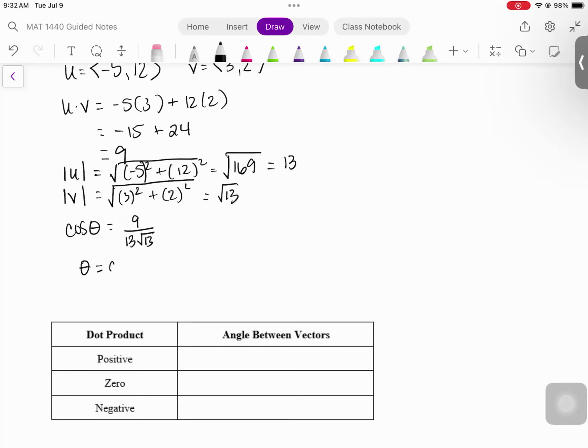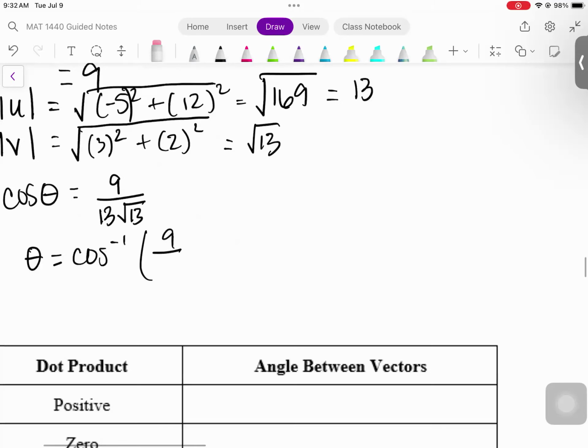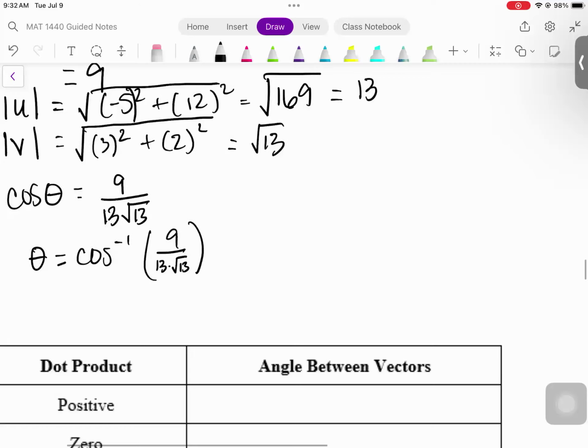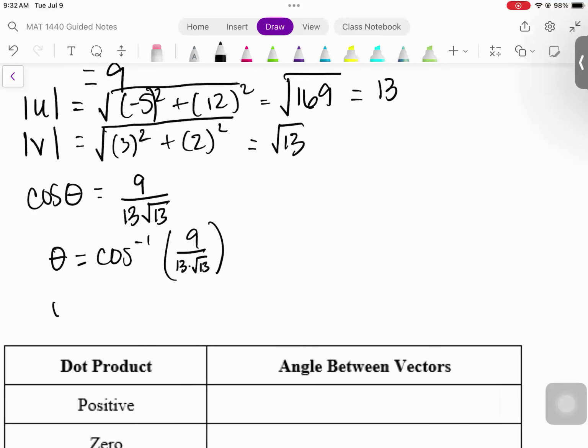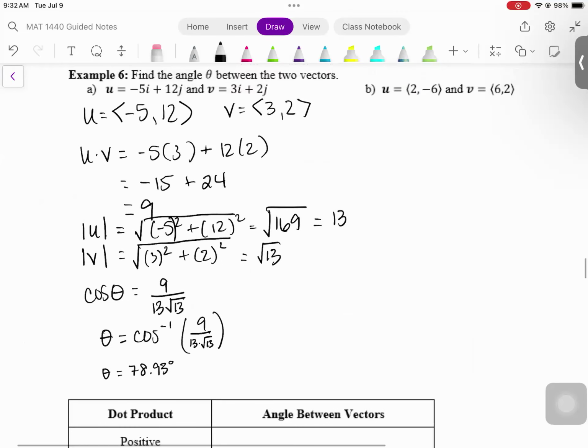Theta is equal to inverse cosine of 9 over 13 times the square root of 13. And evaluating this, we get theta is equal to 78.93 degrees. And again, theta represents the angle between those two vectors, -5, 12 and 3, 2.